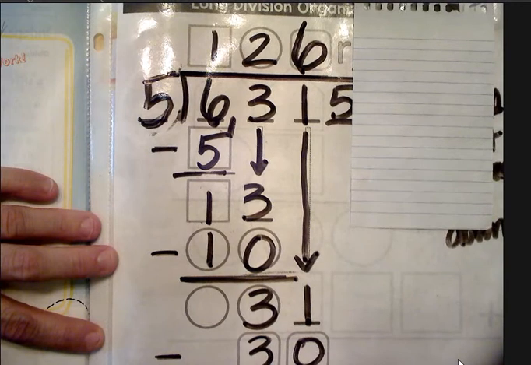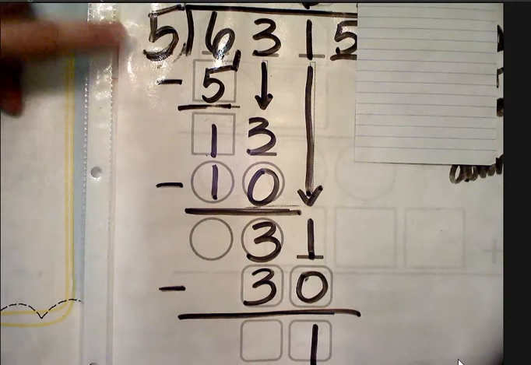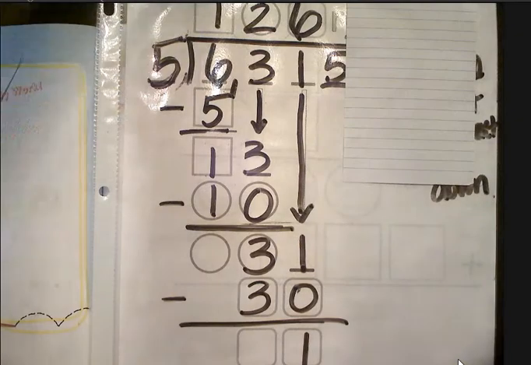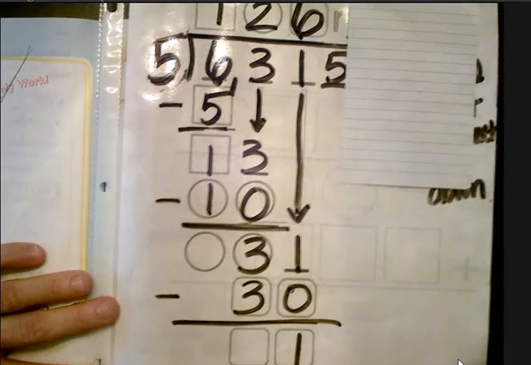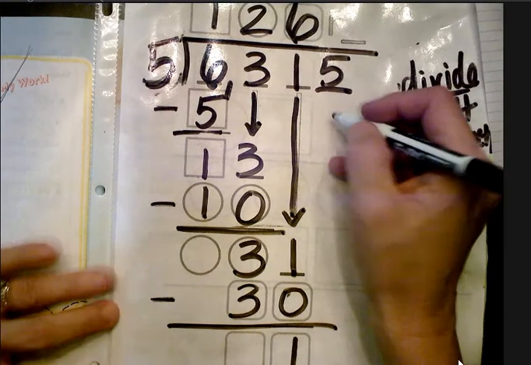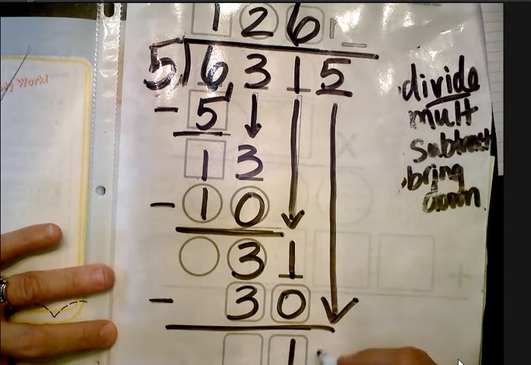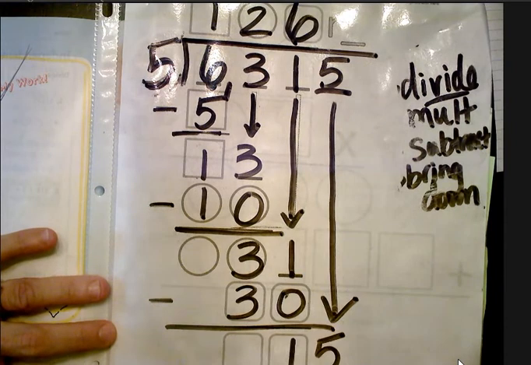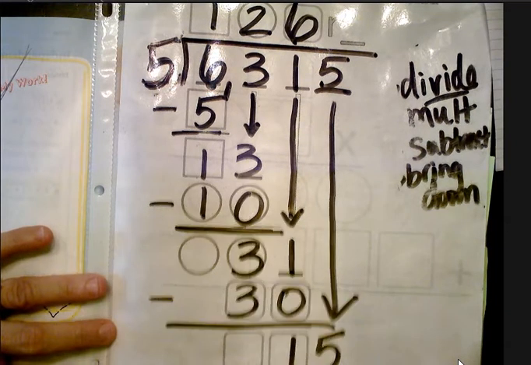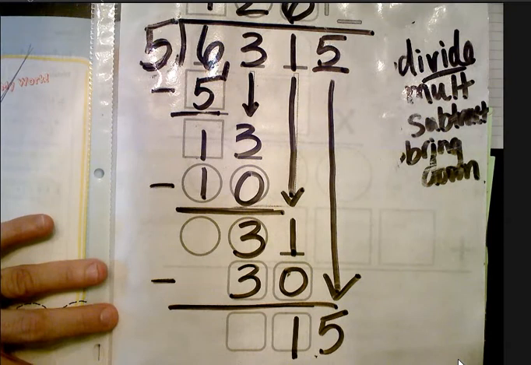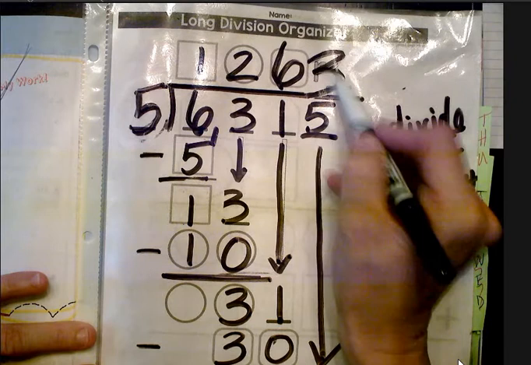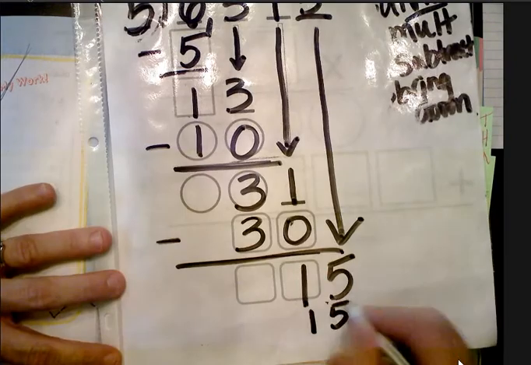Notice that that number 1 is smaller than my 5. That means I'm doing good. I haven't made a mistake. I've got small numbers there. That's awesome. Now I bring down. This is my last one. I don't have any more digits. 15 divided by 5. That's right, it's a 3. It goes right on top. 3 times 5, multiply is 15.